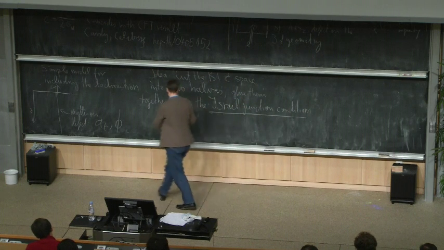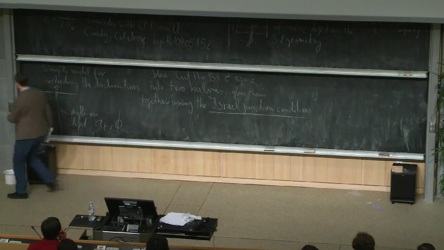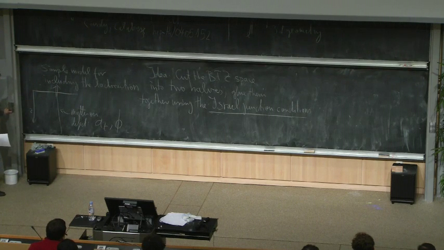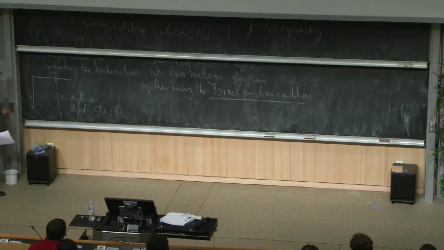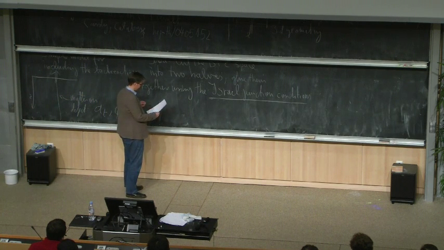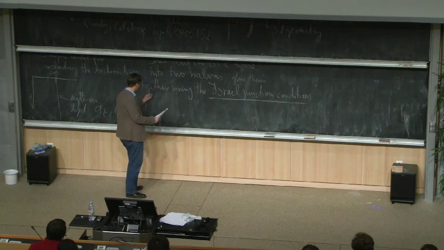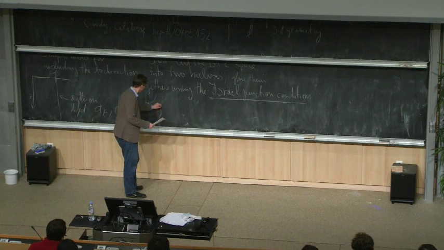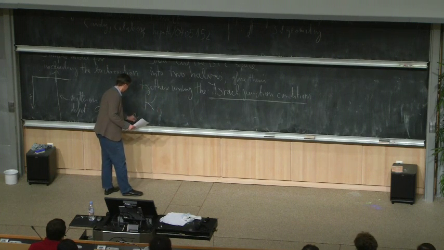So what is an Israel junction condition? It's an equation which involves the extrinsic curvature. So kappa is the extrinsic curvature.